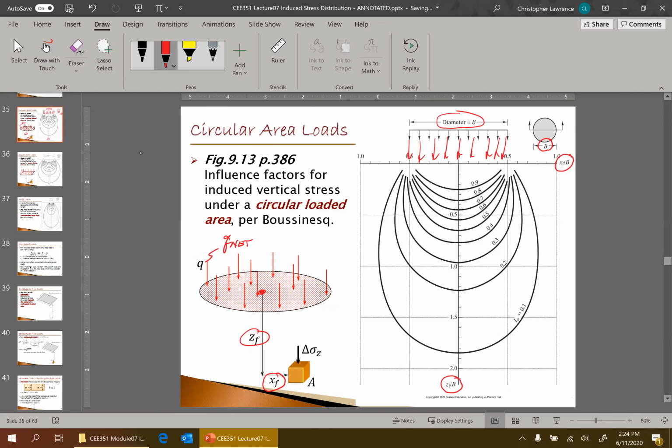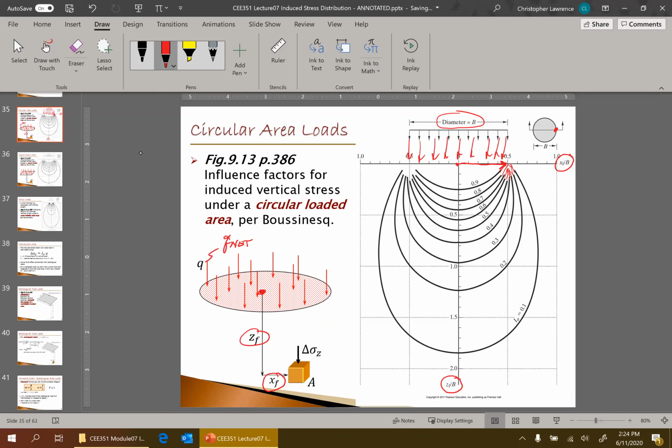When X over B equals 1/2, when the distance from the center line equals half the diameter, that means you're at a radius.